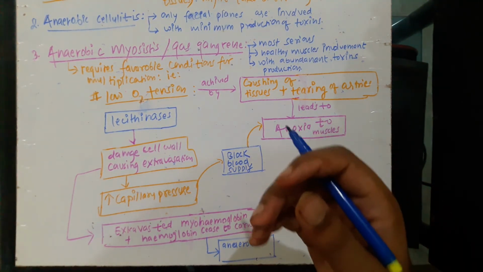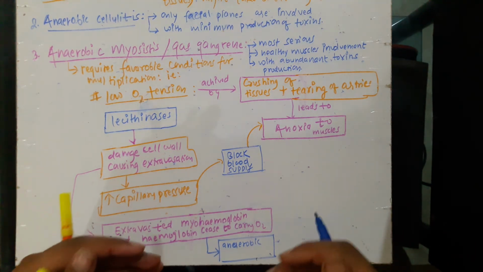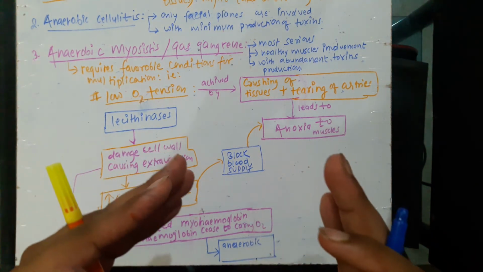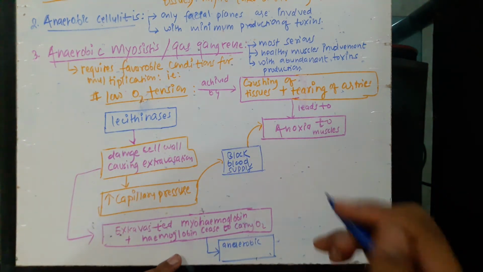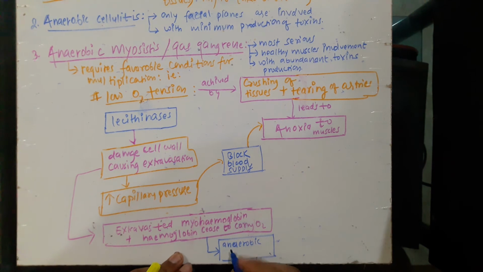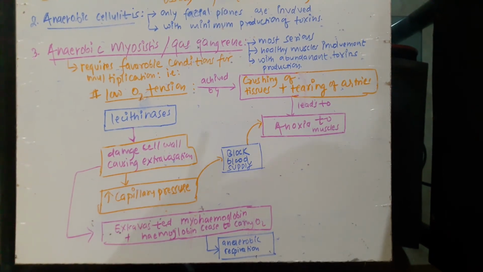Anaerobic respiration produces lactic acid, and lactic acid decreases the pH. So we'll discuss what the decrease in pH can cause. No oxygen, then aerobic respiration halts and anaerobic respiration starts.